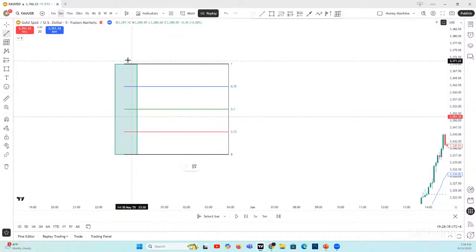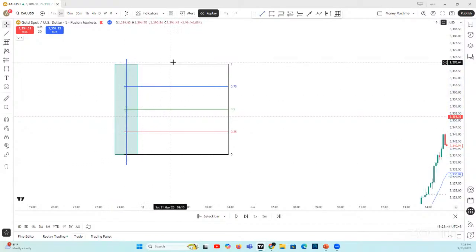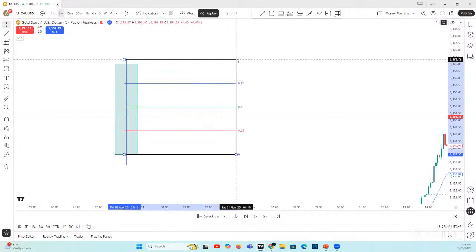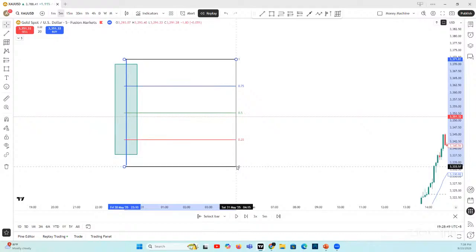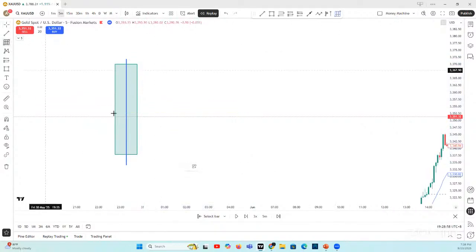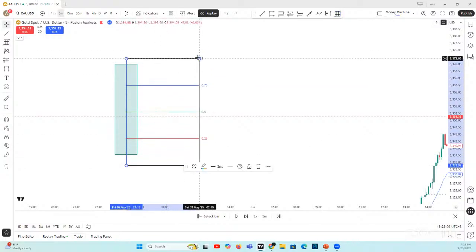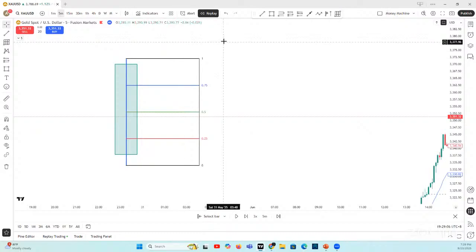If there's a wick, for example, in that green candle, then from the wick, very easy, right? Again, Gunbox, from the lowest point of that wick to the highest point of that wick, there's your Gunbox, my friend. So it's divided into one, 0.75, half point, and 0.25.